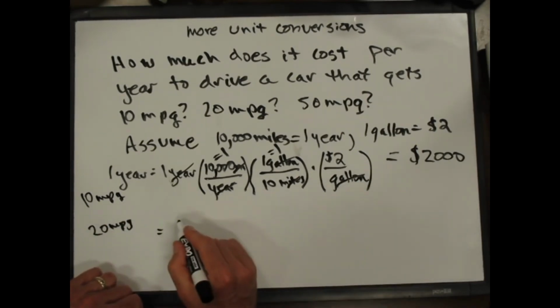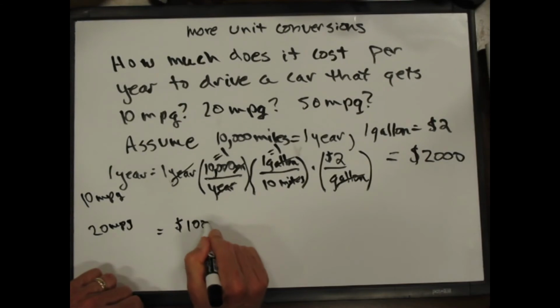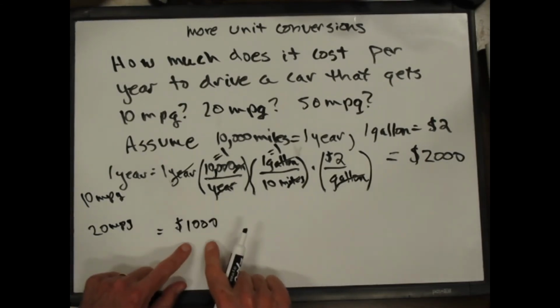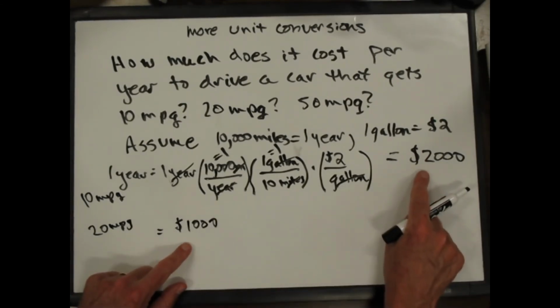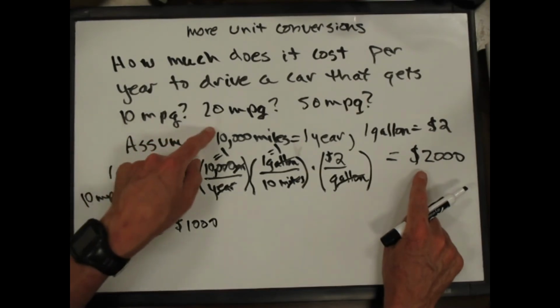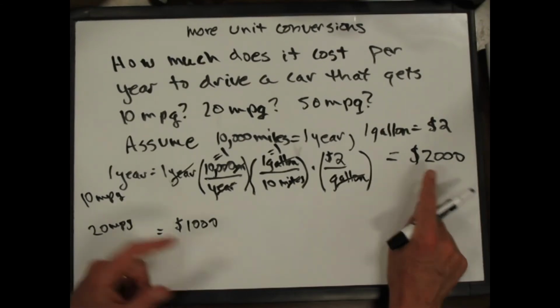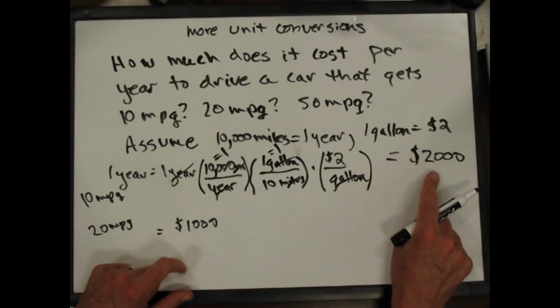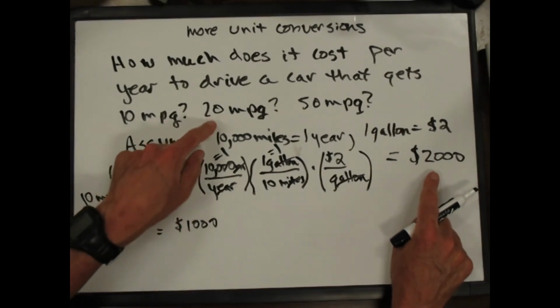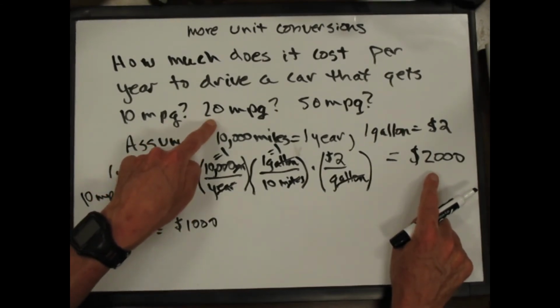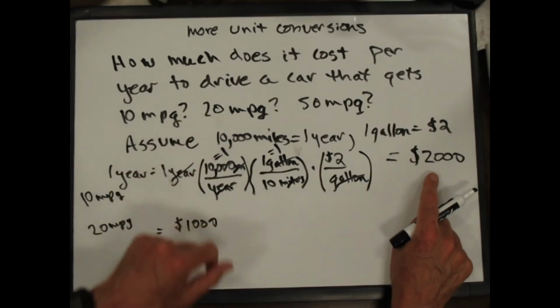And instead of being $2,000, it's $1,000. So I could save $1,000 going from a 10 mile per gallon car to a 20 mile per gallon car per year. So over the course of 5 years, if I was going to have that car for 5 years, I could save $5,000. So if I was buying a used car or something, I could spend an extra $5,000 getting this car, and over 5 years, that would be a break even.